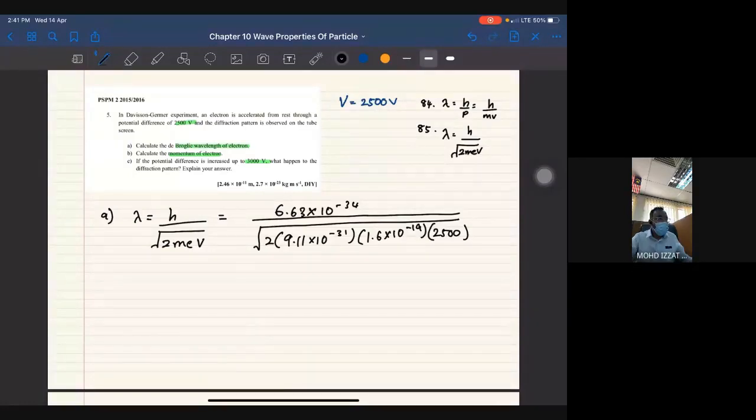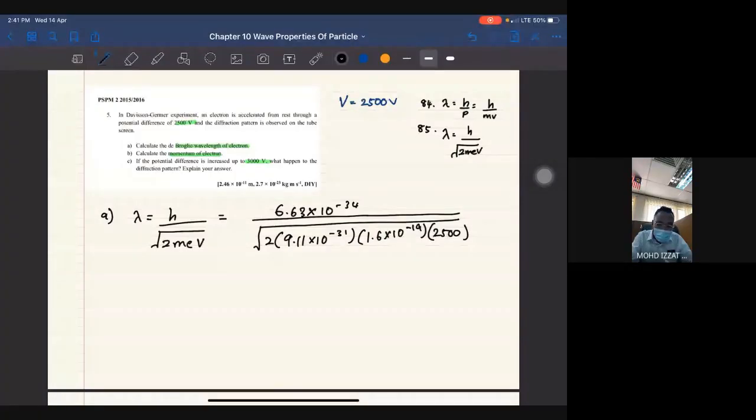Okay, so now you just have to press your calculator. Make sure you calculate everything correctly. Be careful with the square root. So I've got over here is 2.46.